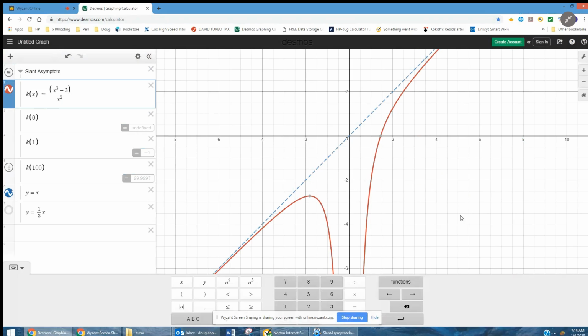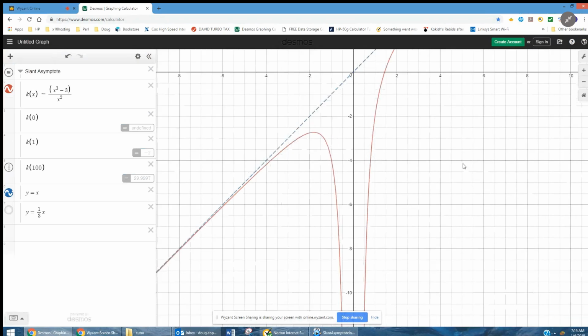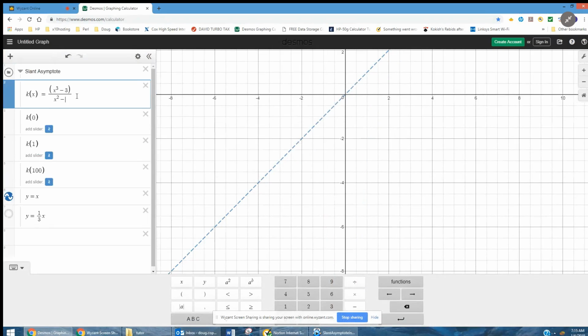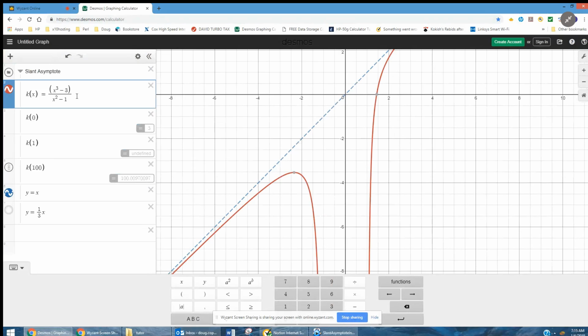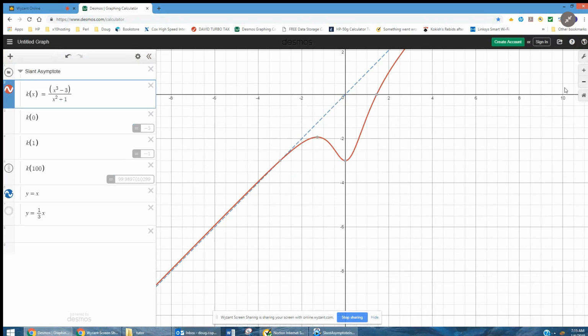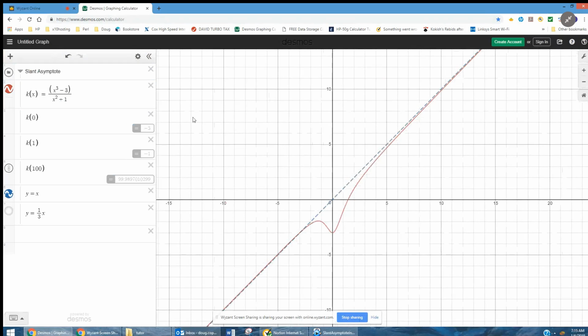You can't see it here, but if I scroll way down, you'd see that the red graph is getting closer and closer to 0. If I put a minus 1 in here, then there are vertical asymptotes at 1 and negative 1. But if I put a plus 1 in here, or 2 or 3 or whatever you want, there's what the function looks like.